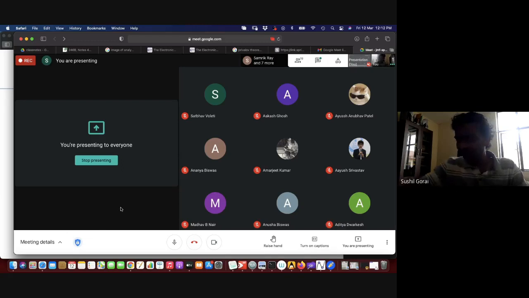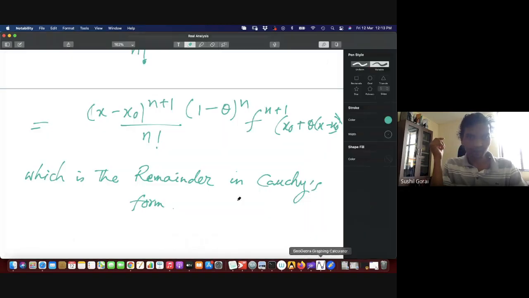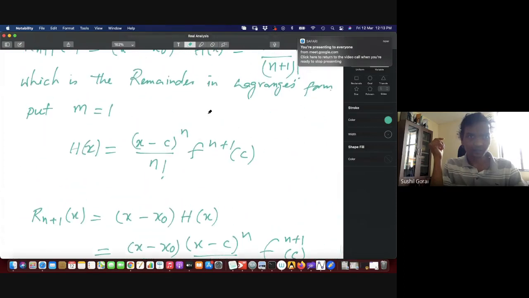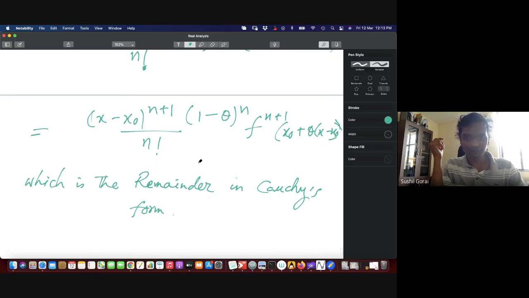But when you are proving a theorem, it might take some time, and online is a difficult way to prove a theorem. So any question here? So you see, we get both the remainder in Lagrange's form as well as the remainder in Cauchy's form. All right, so we'll compute.